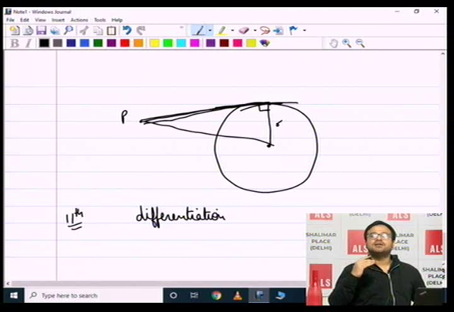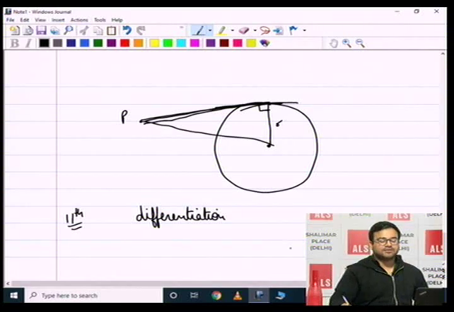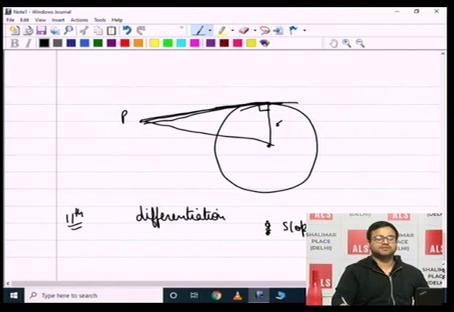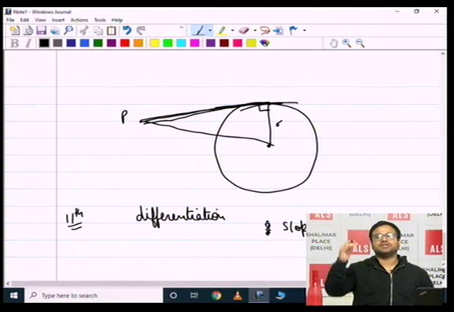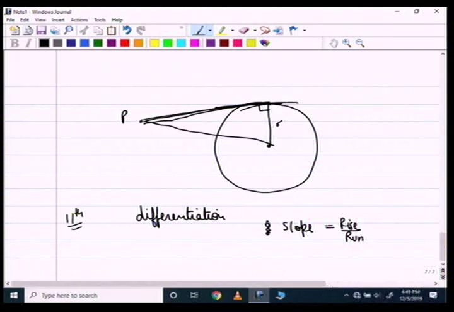Tangent gives us the slope, like in coordinate geometry, and I hope you have learned slope in physics also, rise over run. Tangent gives us the inclination in a mathematical way, at what point something is inclined, the angle of inclination. With the help of tangent we can find this.